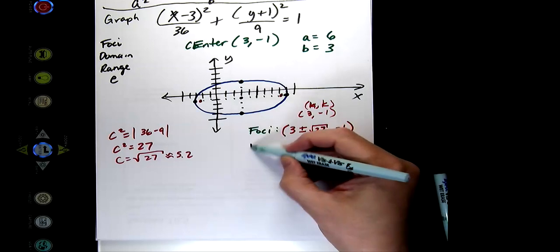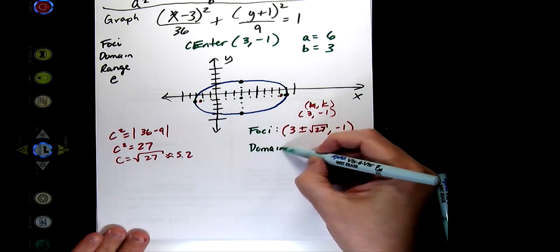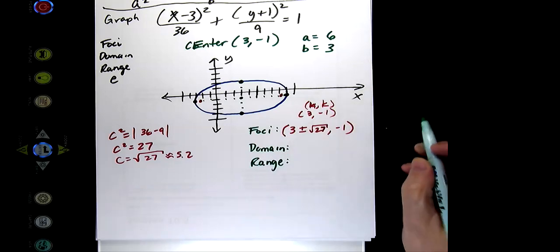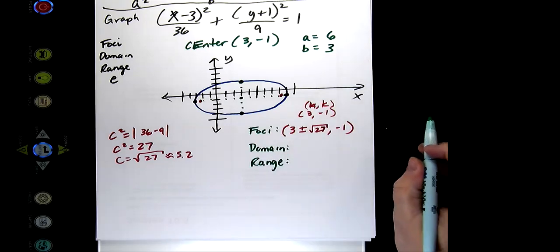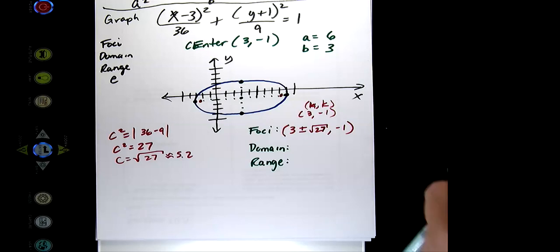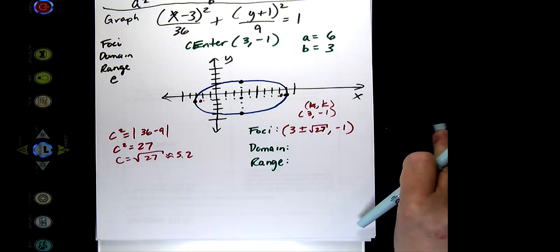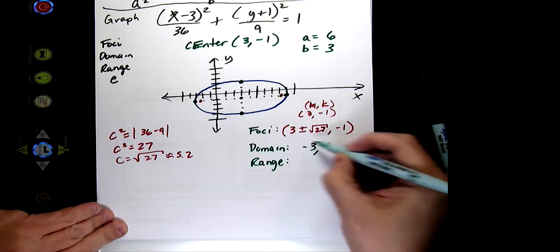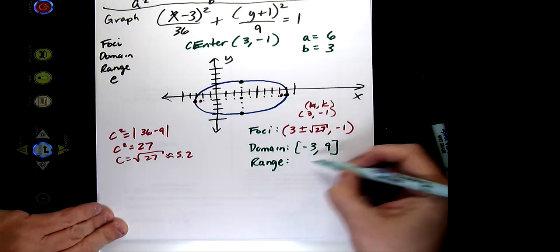What is my domain and range here? -3 to 9. And the range?